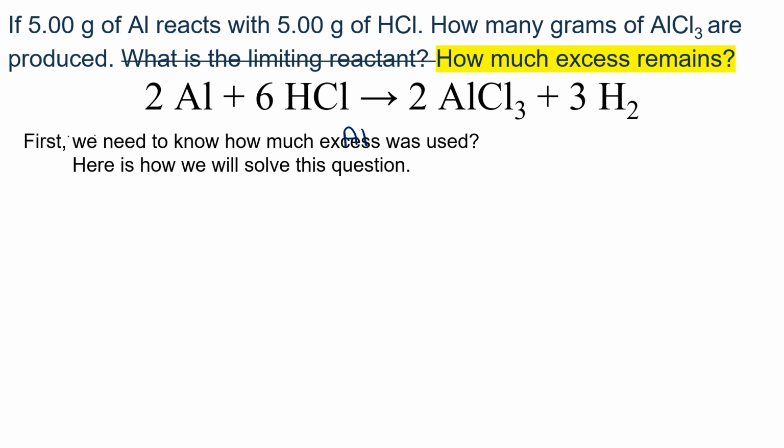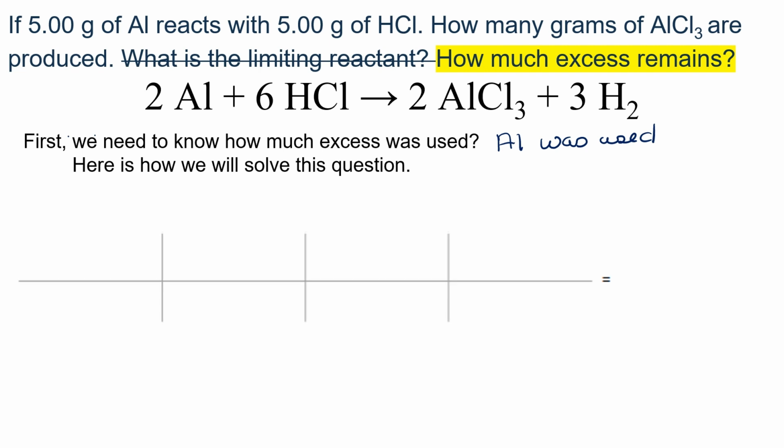First, we need to know how much of our excess was used. So that's the important thing that we're trying to figure out. How much of our excess was actually used? So how much of our aluminum was used? And to do that, we need to solve from our limiting reactant to our excess reactant.